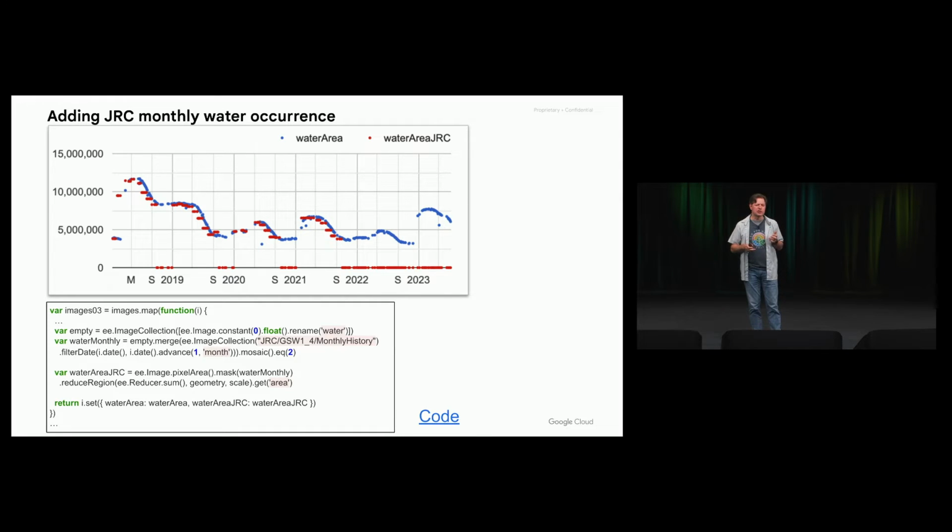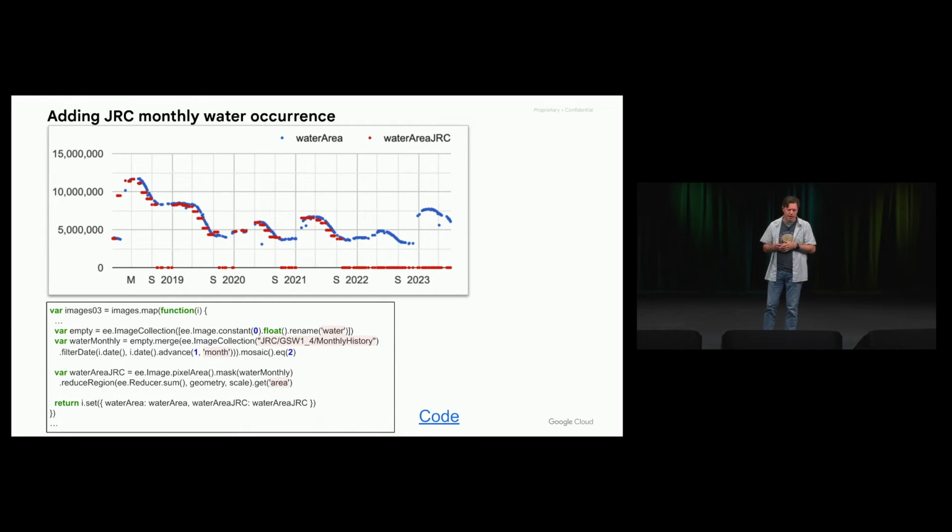There are multiple ways to do this. You could harmonize all these datasets to the same variable and then merge collections and treat them as a single collection, keeping track, maybe as a property for every image, of which image collection it is coming from. Another alternative is to derive time series and then merge the final feature collection representing our time series.